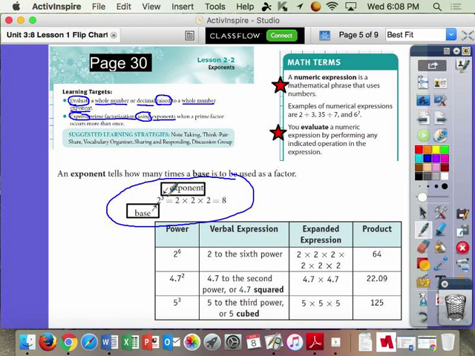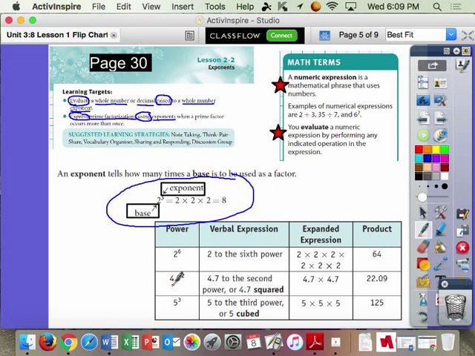Okay? So what this looks like is if you have 2 as the base and you have 6 as the exponent, you read that as 2 to the 6th power. So that means 2 times 2 times 2 times 2 times 2 times another 2. All right? And if you do all that math, you get 64.